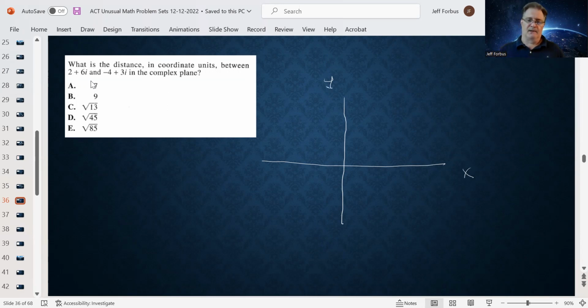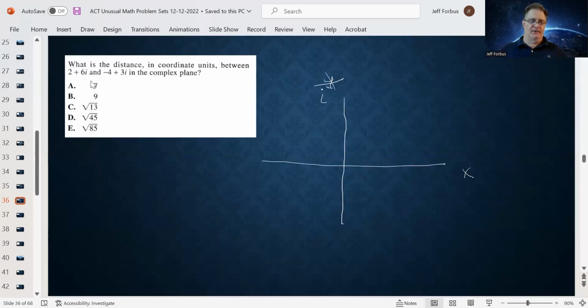So our complex numbers are going to be graphed on the y-axis. We're going to change y to I, and we're going to leave x as normal. So the complex portion of our number will be graphed on the I-axis.